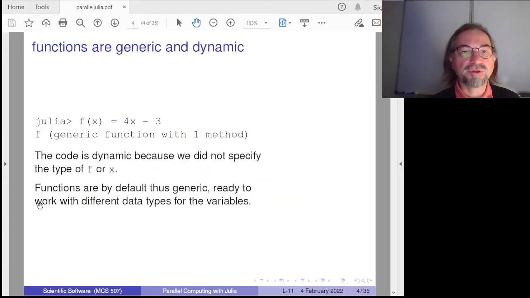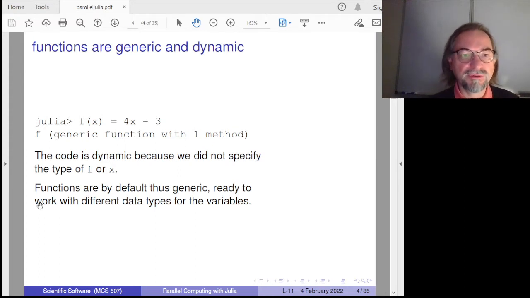Okay, so just to illustrate how you as a user can see the code that is generated, let's look at this very generic function. Julia is really short in defining functions.